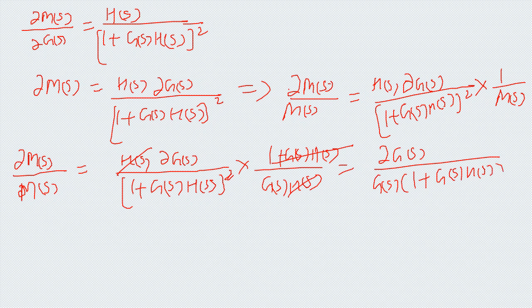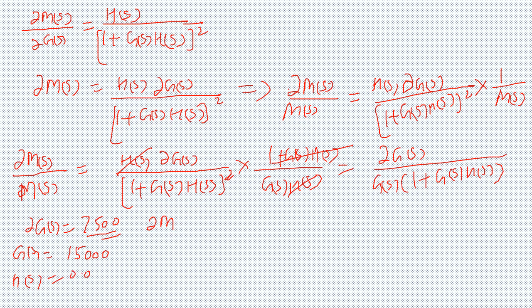Now we know that the change del G(s) is 7,500. It is a decrease, and I am neglecting the minus sign. We substitute this value along with G(s) equal to 15,000 and H(s) equal to 0.01.